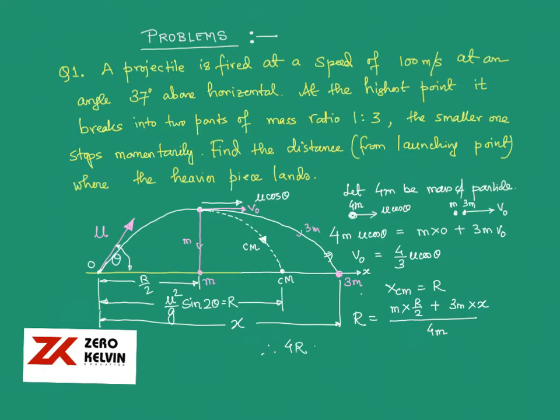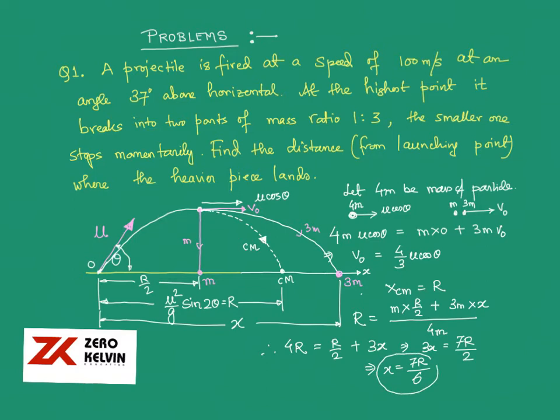So 4r is equal to r by 2 plus 3x, implies 3x is equal to 7r by 2. So x is equal to 7r by 6. This is the answer.